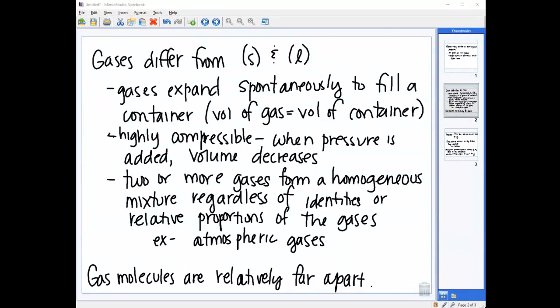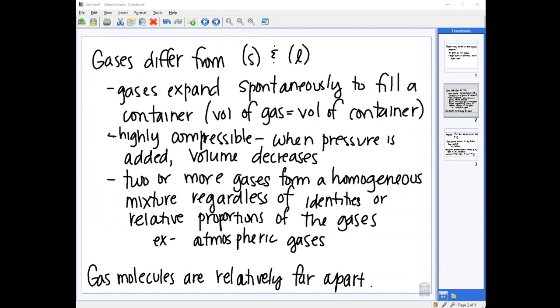So the volume of a gas is going to equal the volume of the container. When we're working these different problems, you'll see the volume of a container, and we take that to equal the volume of our gas because we know that the gas is going to expand to fill that container. So if we have a 2-liter container, then we will have 2 liters of gases because they expand.